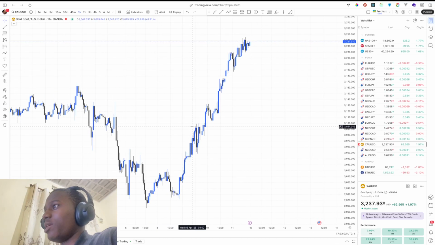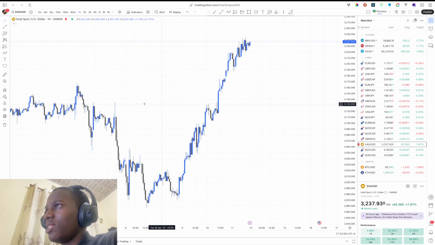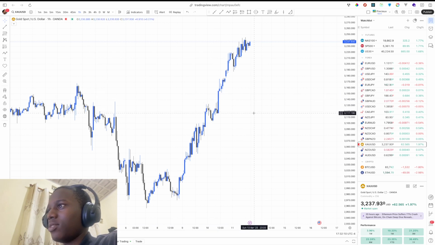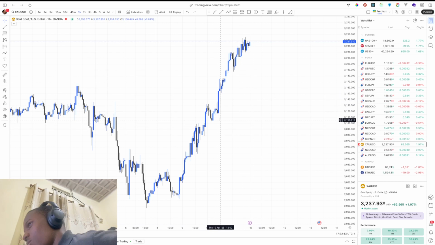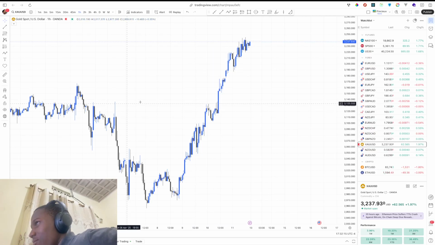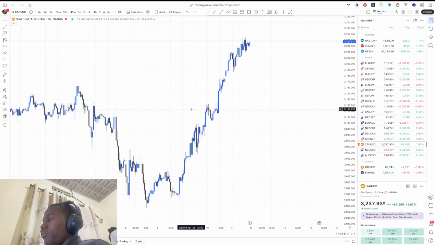If it's to go lower, it will first rebalance, react to all the blocks, and this other block is colliding with an S&D zone. So if it would go higher after reacting to this S&D, it will be a good confluence.